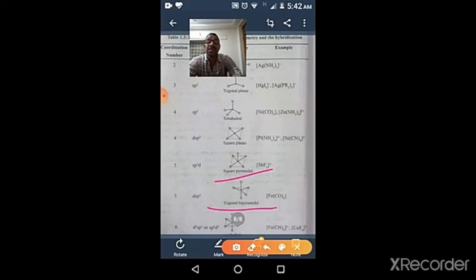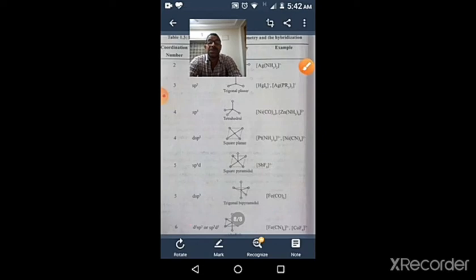Coming to coordination number 6, you know that it has two types of hybridization: d2sp3 for inner orbital complexes and sp3d2 for outer orbital complexes. Both types of hybridization exhibit octahedral geometry.